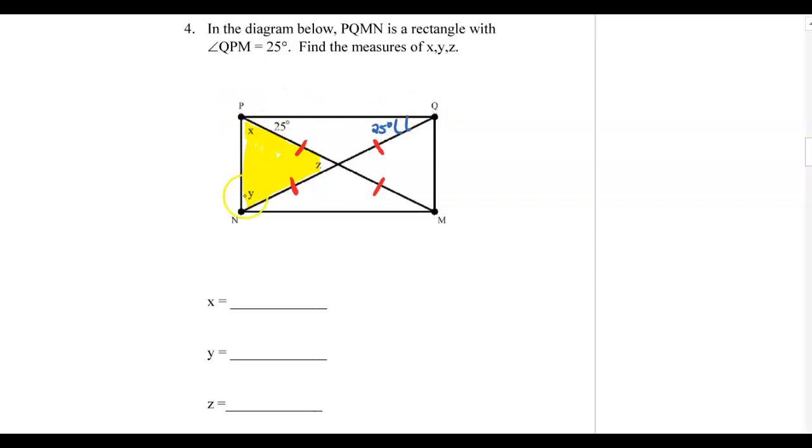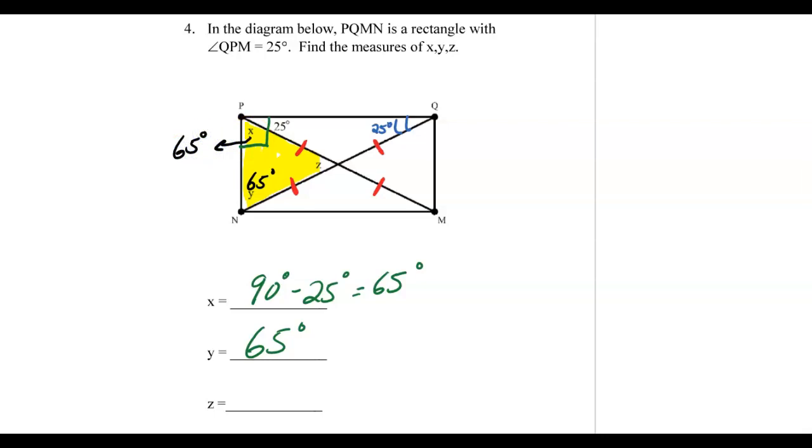We know QPN is a right angle, so x will be 90 minus 25, and using my calculator, you will get 65 degrees. Because that yellow triangle is isosceles, y is also 65 degrees, and I'm going to mark both of these in my picture. So x is 65.